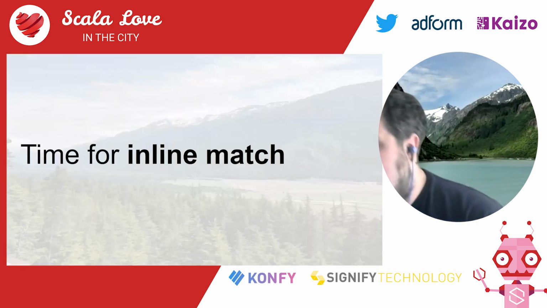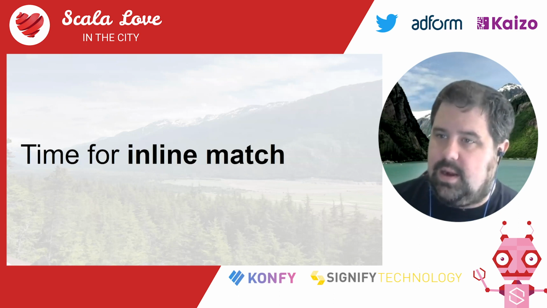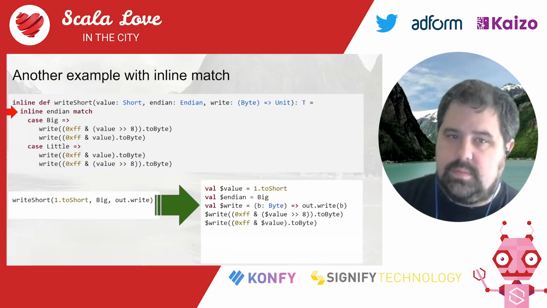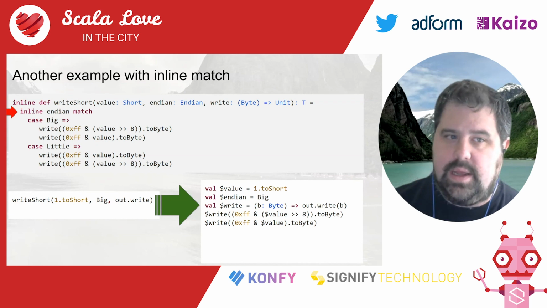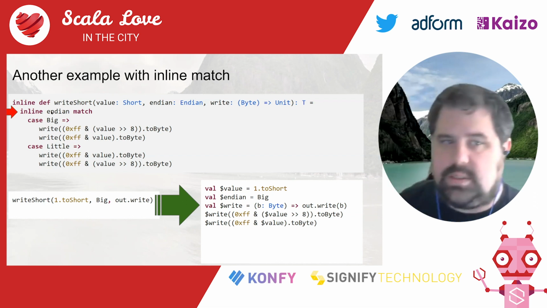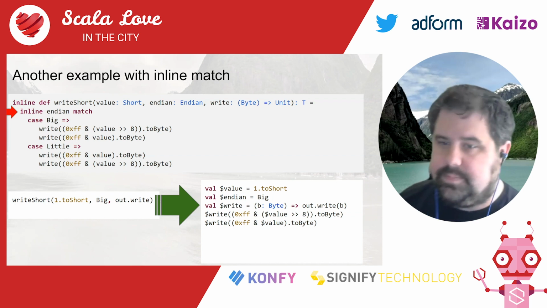Let's use a new inline mechanism. We can actually take the pattern matching statements and inline them to force them to happen at compile time. So what I can do is I can say inline match, which means this inline is guaranteed to get erased. It also means the endianness has to be available at compile time.